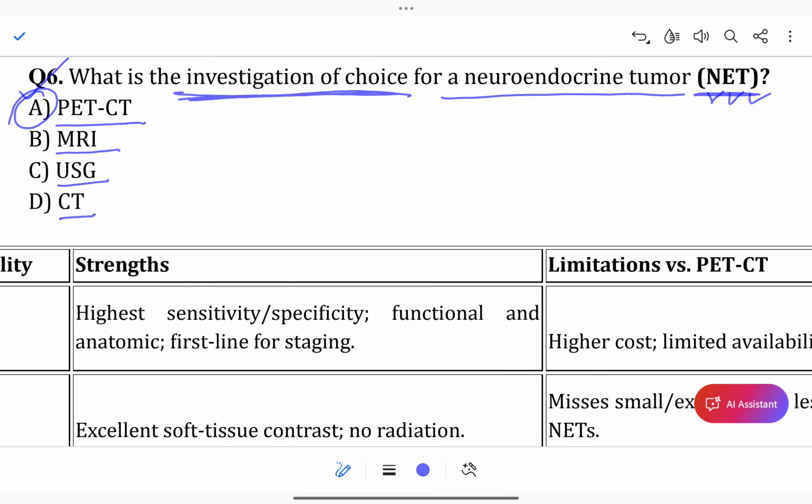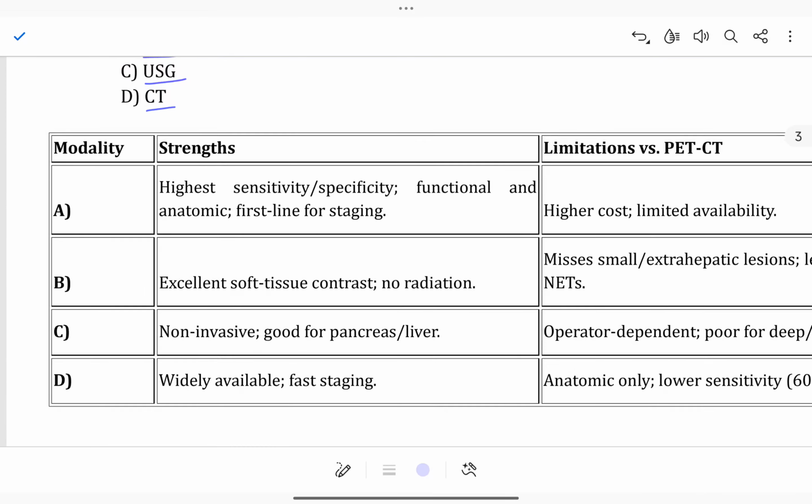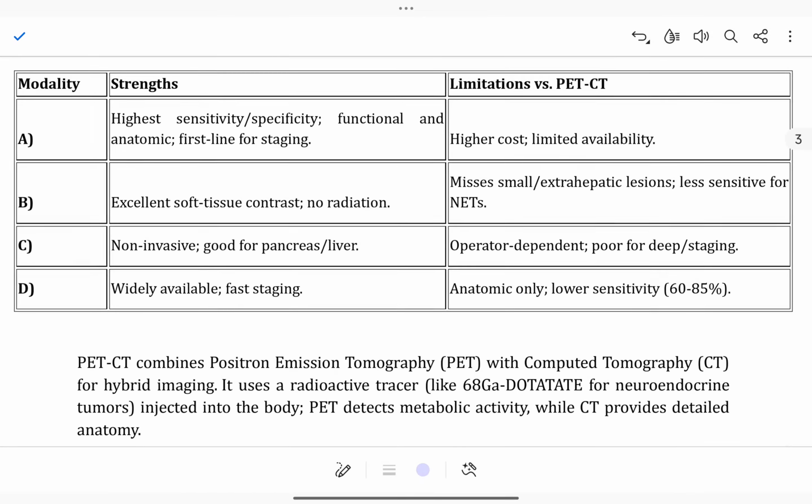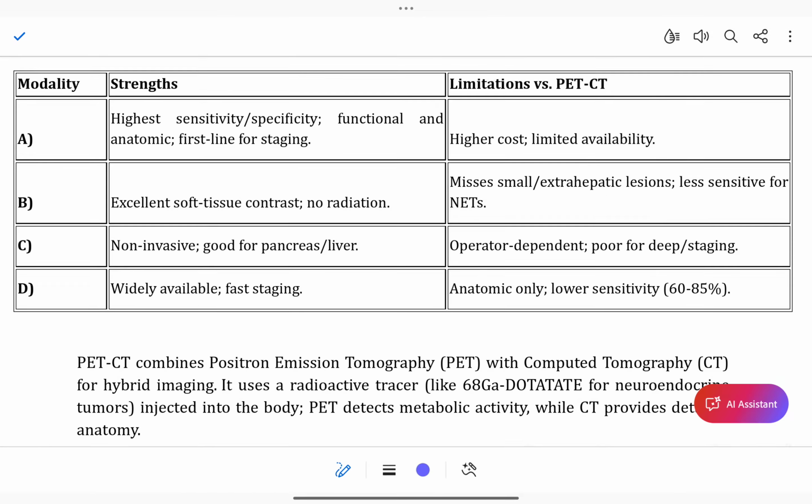Come to this. Very informative. We will gain some knowledge from this information. This is modality, strength, and limitation. First, PET-CT: highest sensitivity, highest specificity, functional and anatomic, first line for staging.